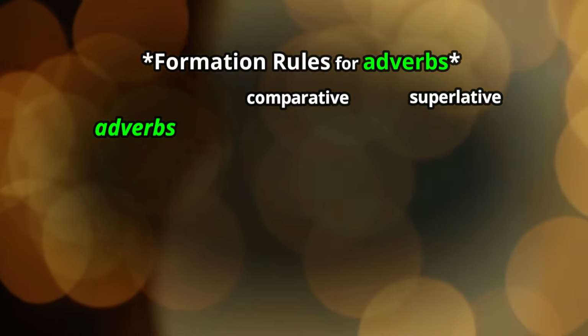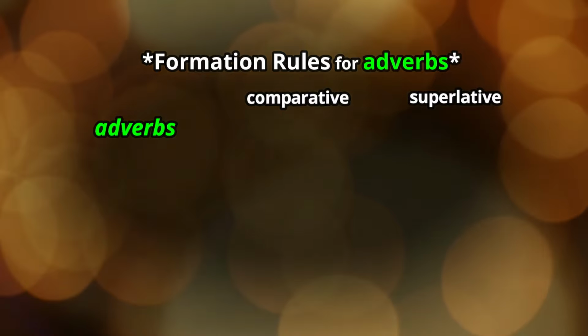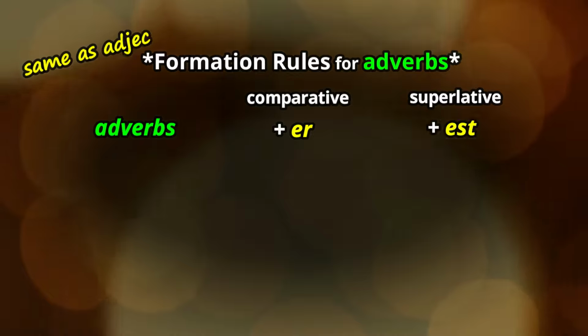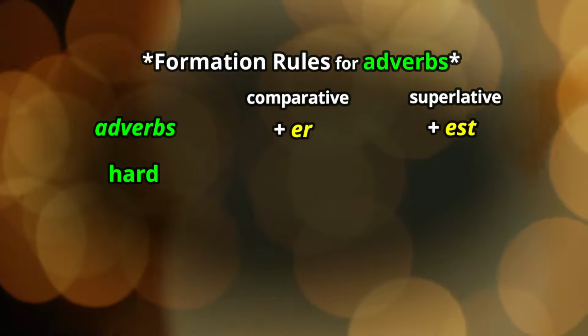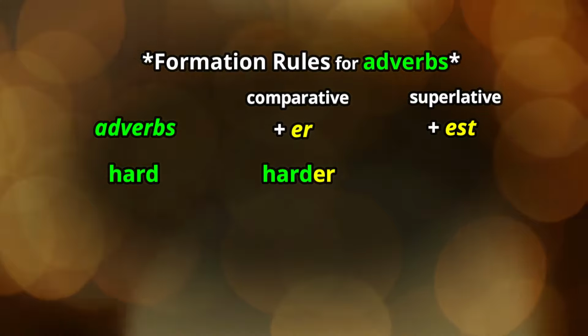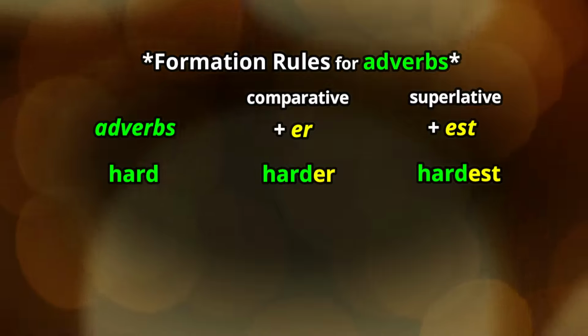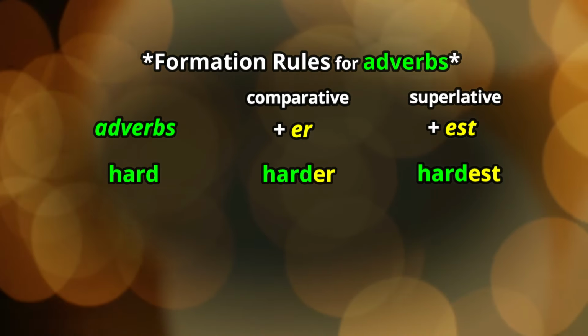Now the rules for forming comparative adverbs and superlative adverbs are the same as they are for adjectives. Let's take the adverb hard. The comparative is harder, and the superlative is hardest. This is those one-syllable words, remember?